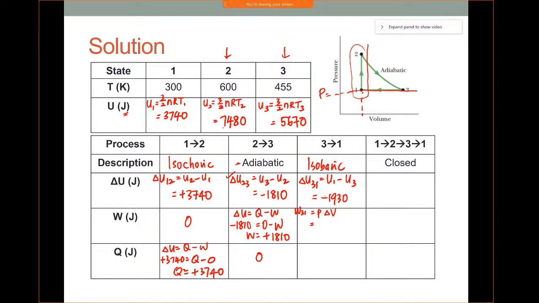Since P remains constant, the change in volume will be final volume, which is volume 1, minus volume 3. However, for this case, again, we do not have the information for volume, right? So how do we find the work done?